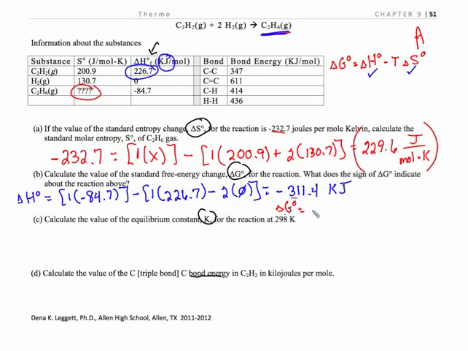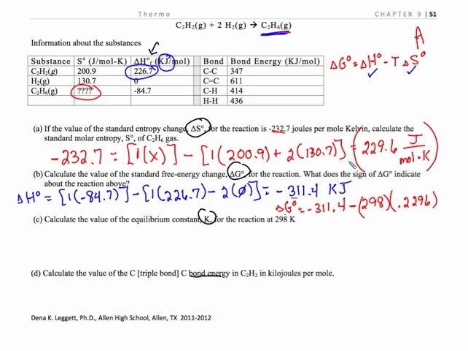Now, to find delta G, I have to plug into this formula here. So delta G naught is my minus 311.4, which is exothermic and favorable, by the way, minus 298 times, now be careful because that's joules, this is kilojoules, so I have to convert this to 296.